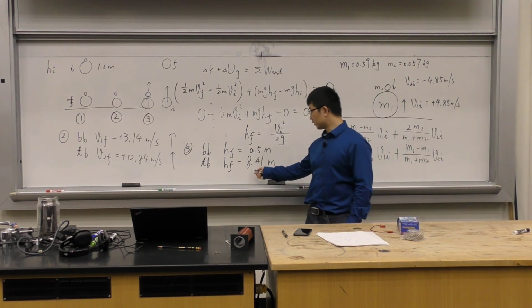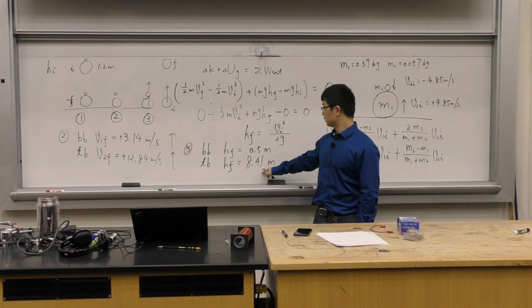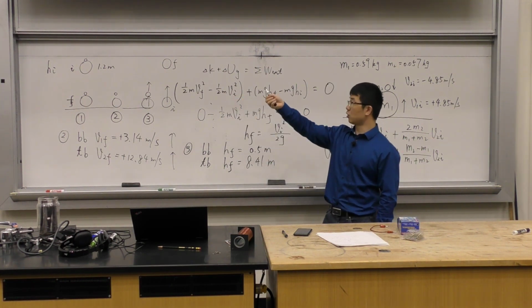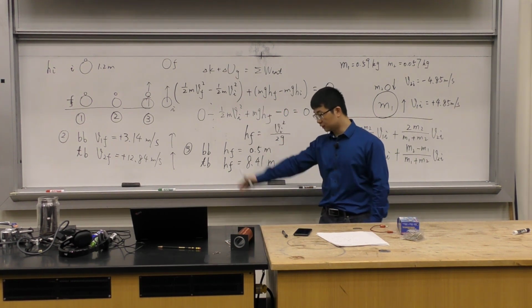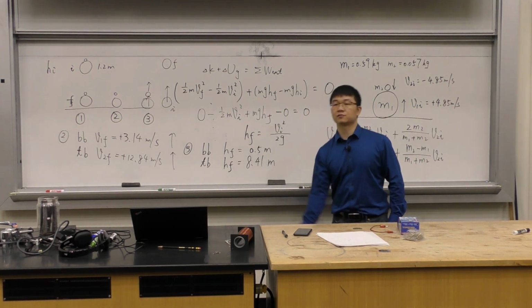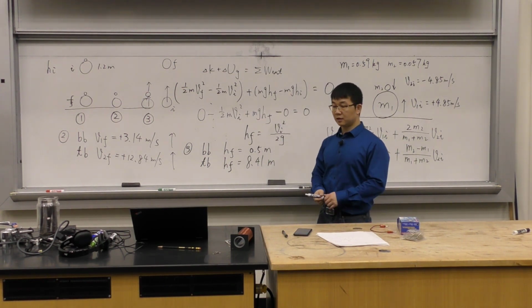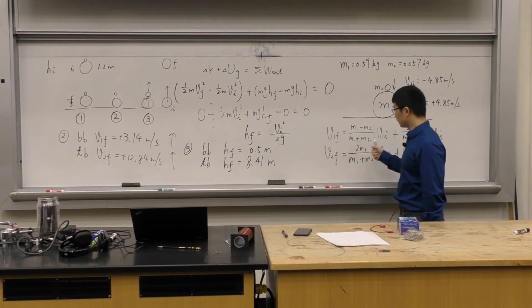But the tennis ball is very interesting. The tennis ball is actually going to bounce back much, much higher than even the initial height. Initially it's dropped from 1.2 meters, and after all these collisions, the tennis ball is going to bounce very high, like 8 meters. Is that true? We can do the experiment. We did make some simplifications.